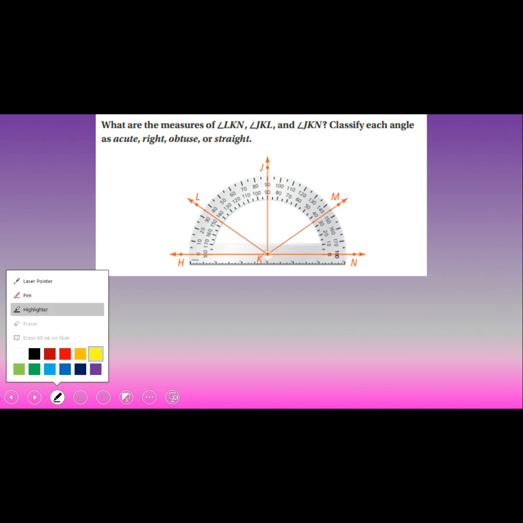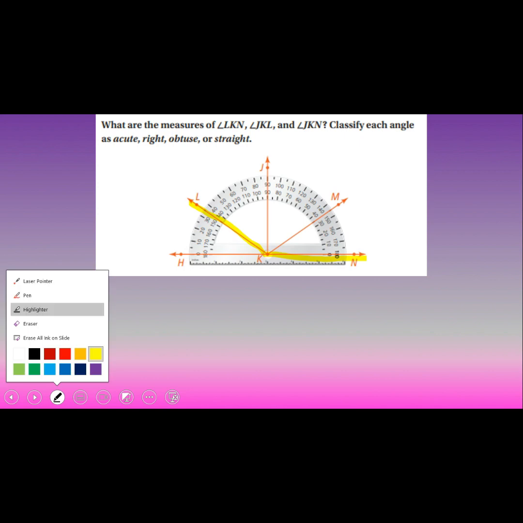What are the measures of angle LKN and JKL and JKN? And we're going to classify each one as acute, right, obtuse, or straight. Okay, so the first one is LKN.